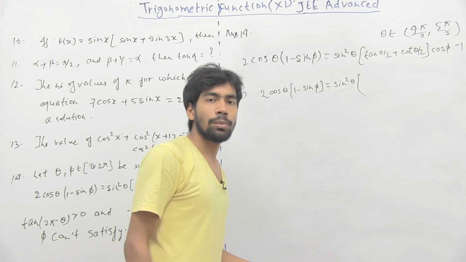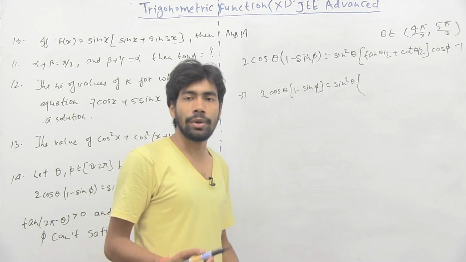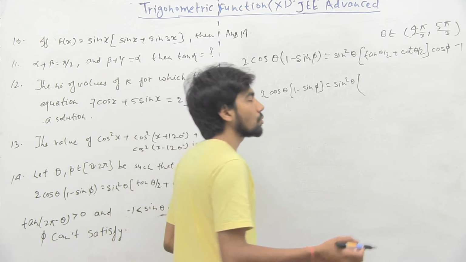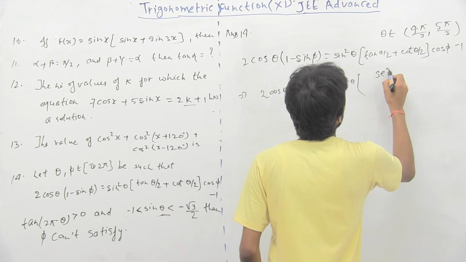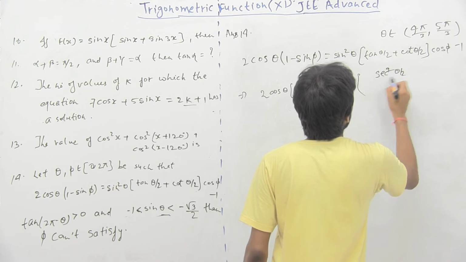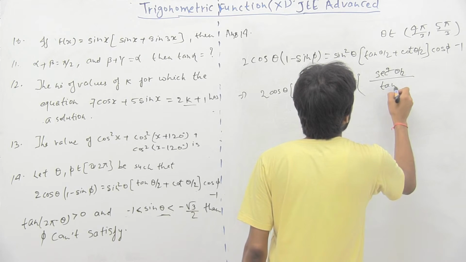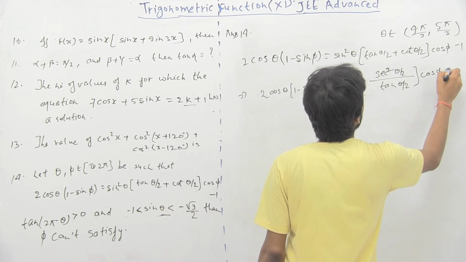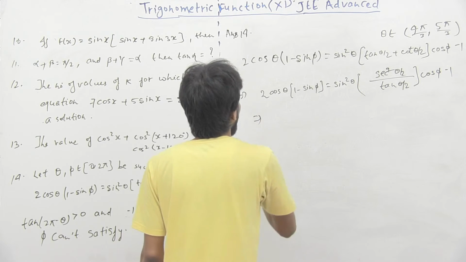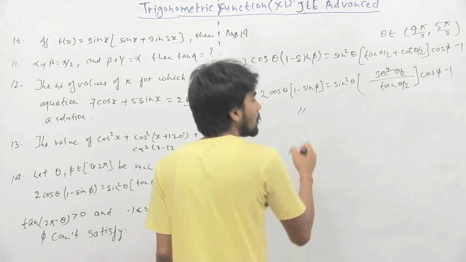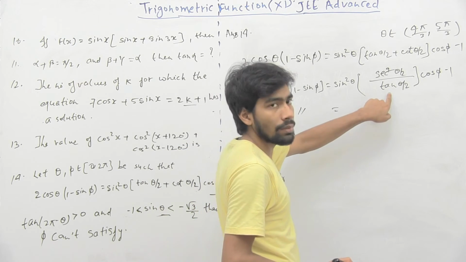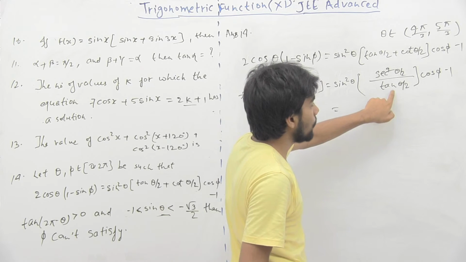So further 1 plus tan²(θ/2) equals sec²(θ/2) divided by tan(θ/2). Now leave this term as it is. We will have sin(θ/2) by cos(θ/2). Okay.